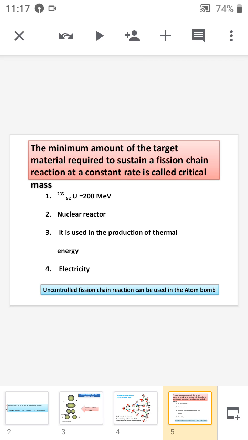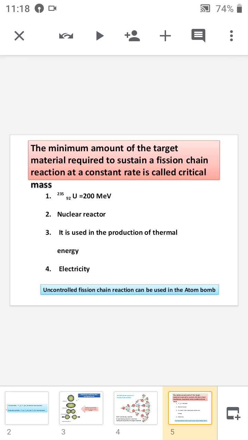Adequate quantity means the minimum amount of target material required to sustain the fission chain reaction at a constant rate, which is called the critical mass. If we have the critical mass, we can continue the fission reaction as in a nuclear reactor. So the definition of critical mass is very important.